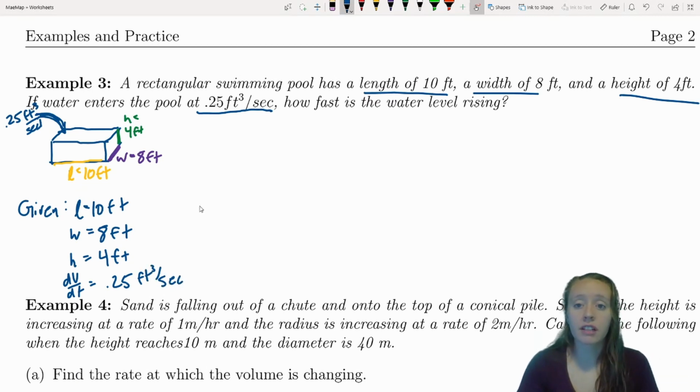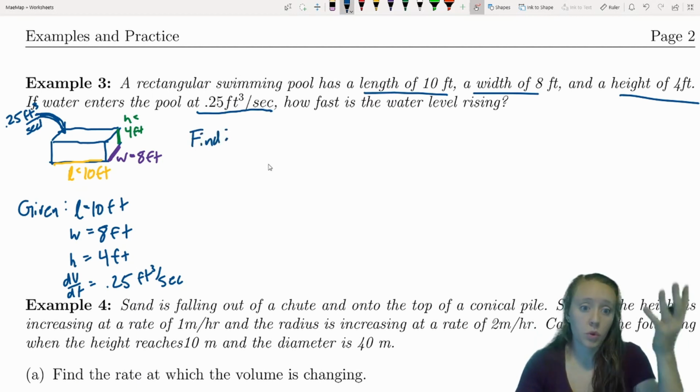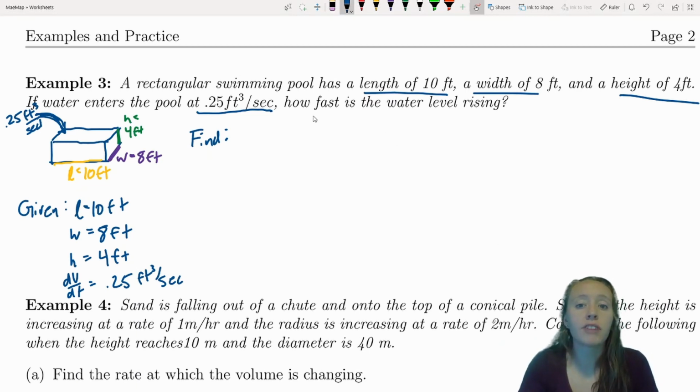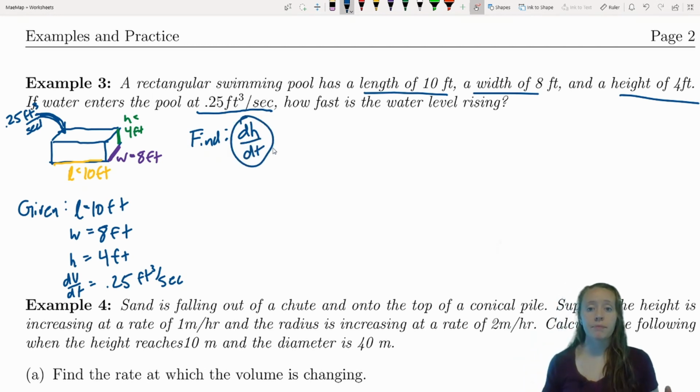And what are we trying to find? We're trying to solve for, or this is our unknown, how fast the water level is rising. That rate that the water level is rising, our dH/dt.